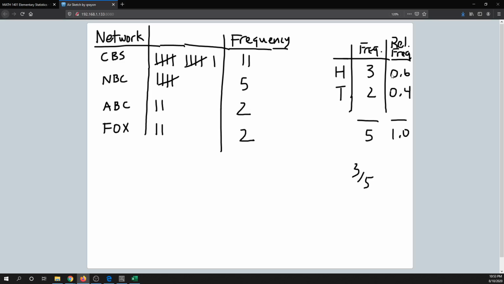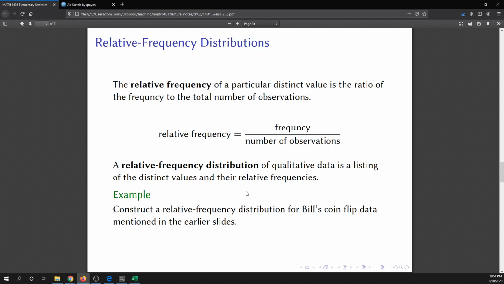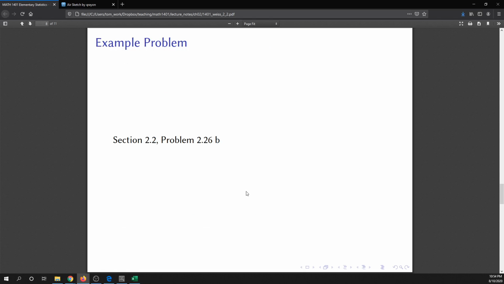Here, though, I didn't do any rounding. 3/5 is exactly 0.6, and 2/5 is exactly 0.4. So here it adds up perfectly. If you didn't round and get these values exact, it will add up to 1. So that is the relative frequency for Bill's coin flip data.